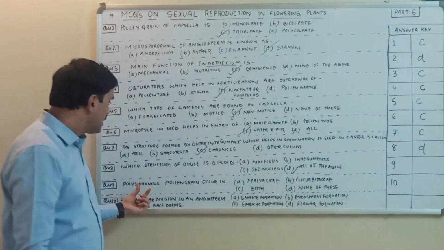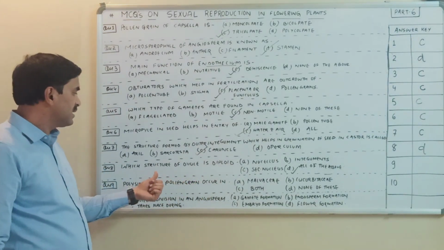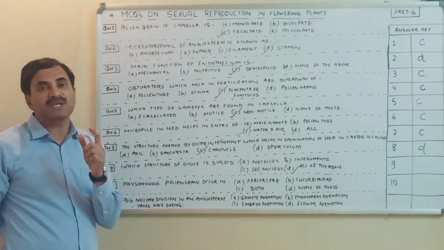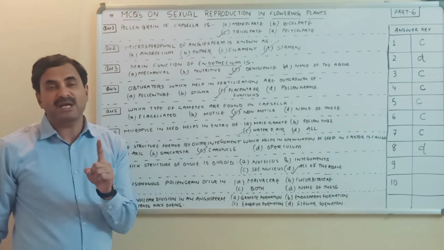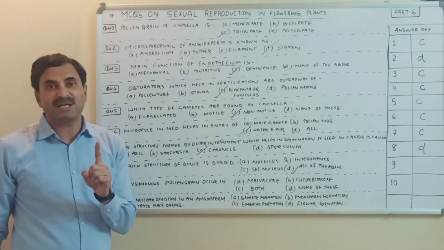Now question number 9. Polysiphonous pollen grain occurs in. Now what is polysiphonous? Generally it has been seen that from one pollen grain one pollen tube arises, which is called the monosiphonous condition.